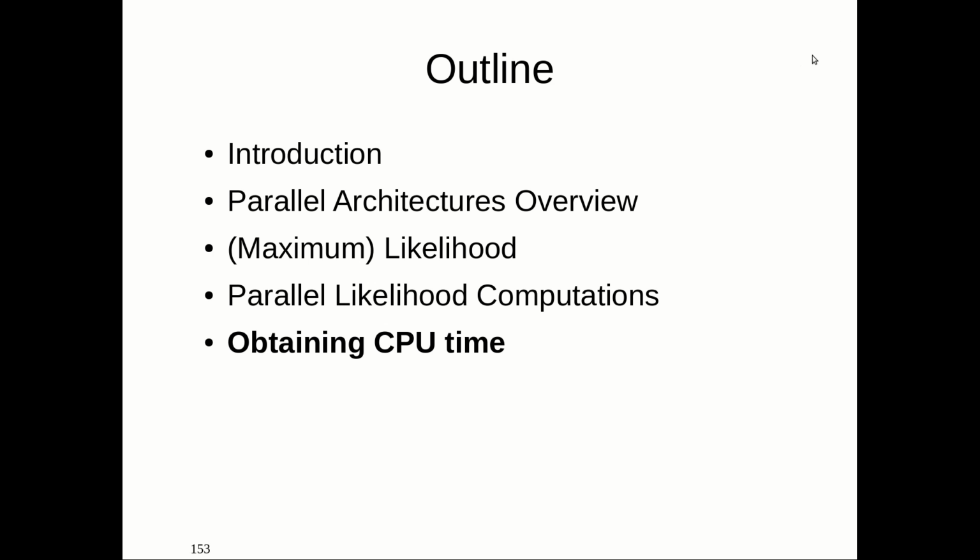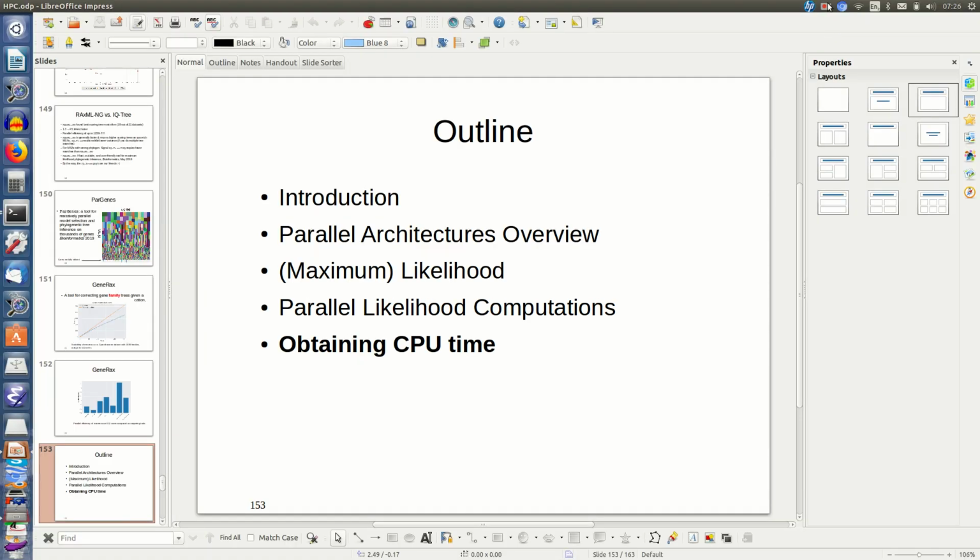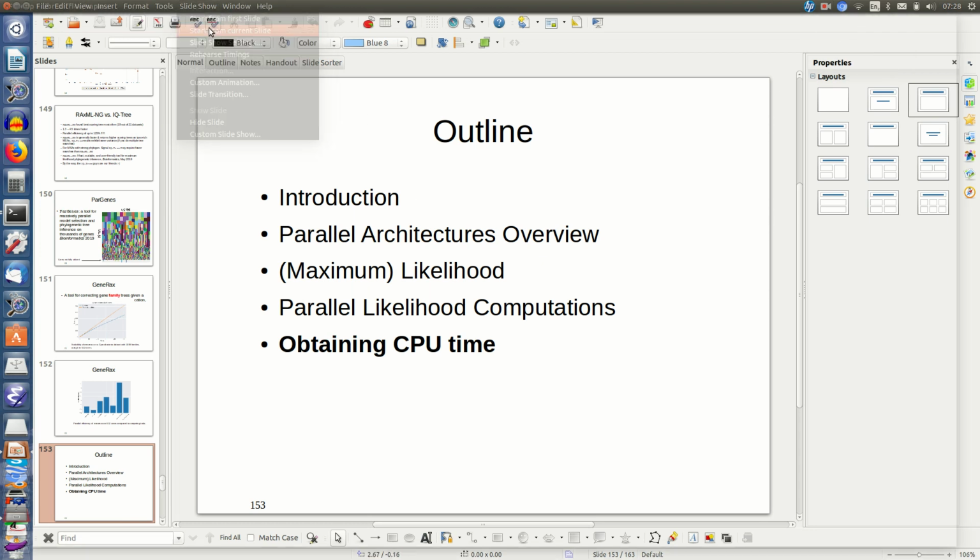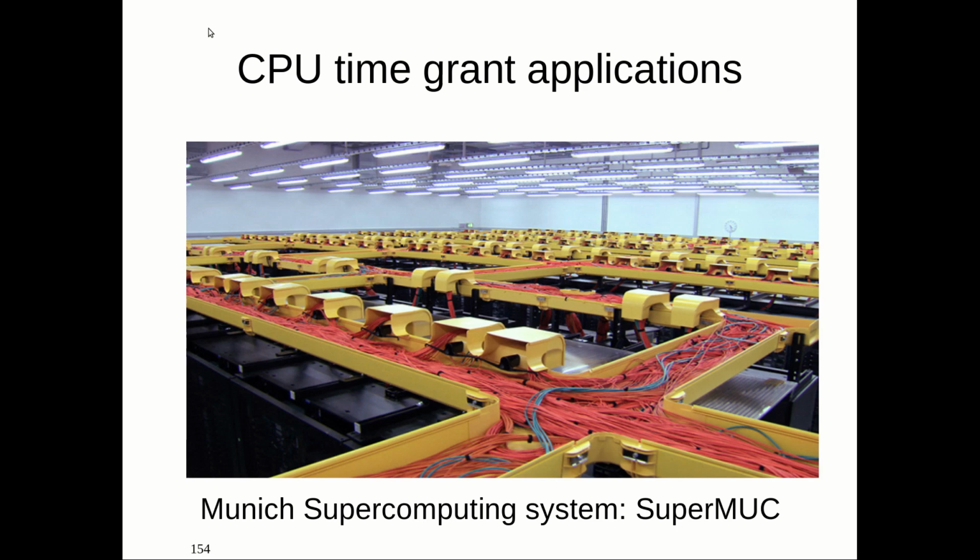Okay, so now let's soon start with our final section on obtaining CPU time. Let's talk a little bit about CPU time grant applications. So a typical system you would apply for is a Munich supercomputing system, the SuperMUC, on which we already have accounts.